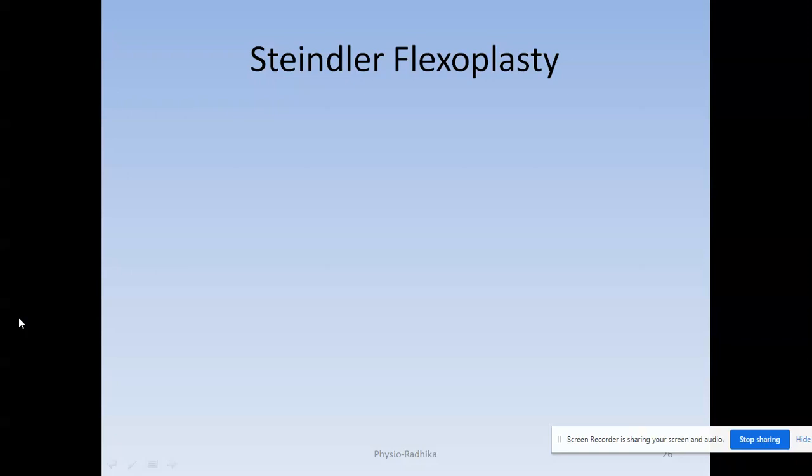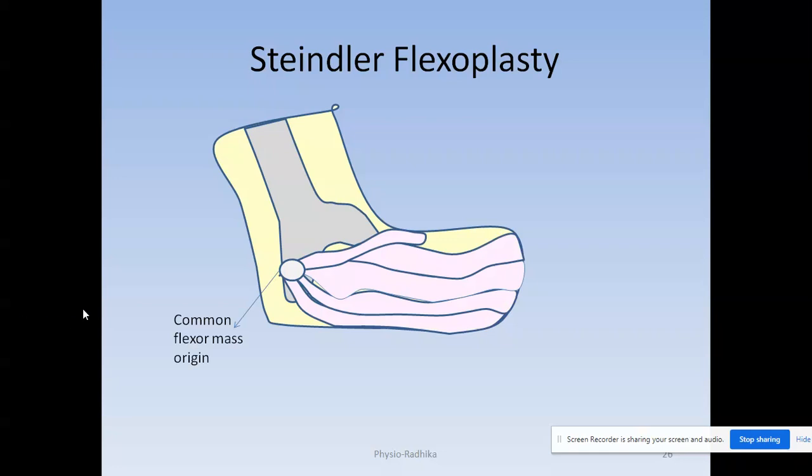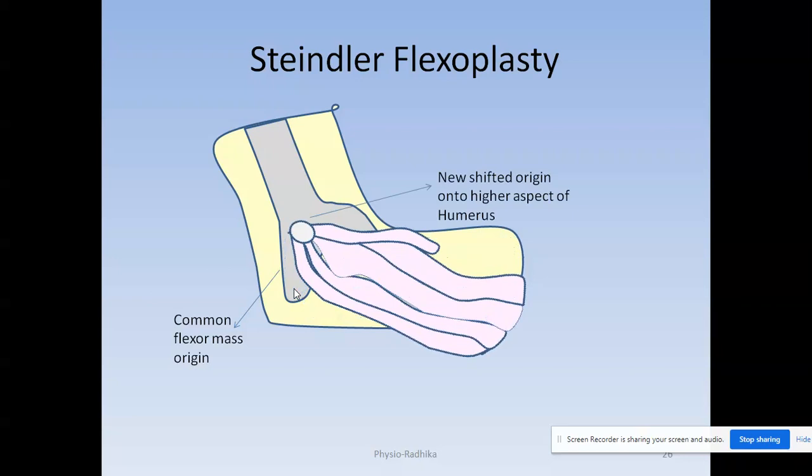The muscle chosen in Steindler flexoplasty is the flexor mass, the origin of the flexor mass. So when we are talking about elbow weakness, wherein your biceps brachii, the muscle which is known for elbow flexion, is weakened, in that case, where the elbow flexors are weak, the common flexor mass origin, which is on the medial condyle of the humerus, is shifted to a new origin, higher on the anterior aspect of the humerus, so that when the flexor mass contracts, the elbow flexes.